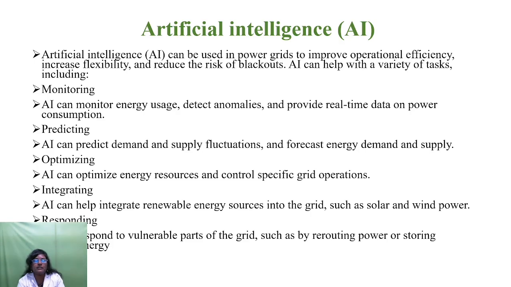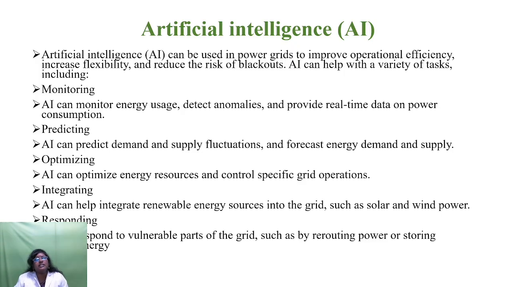Monitoring means AI can monitor energy usage, detect abnormalities and provide real-time data on power consumption. Next, prediction means AI can predict demand and supply fluctuations and also forecast the energy demand and supply. Third is optimization. Optimization means this AI can optimize the energy resources and control specific grid operations.